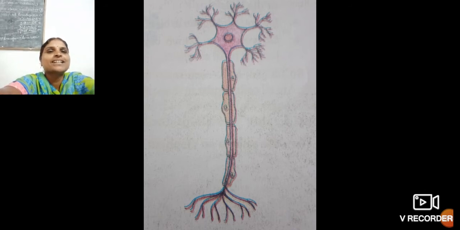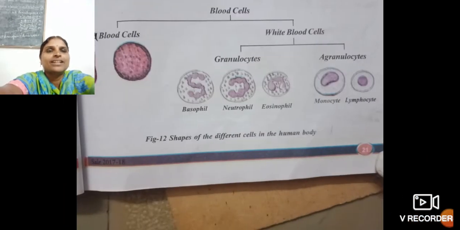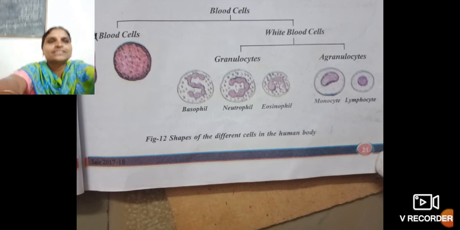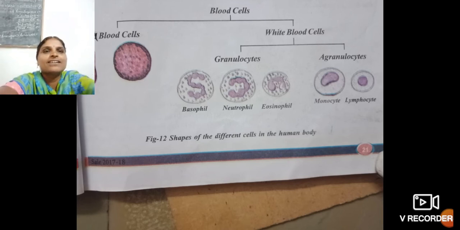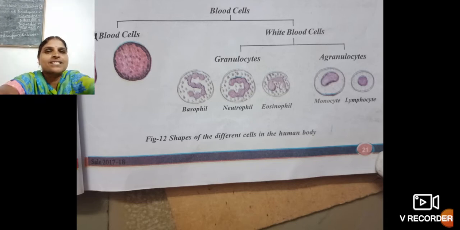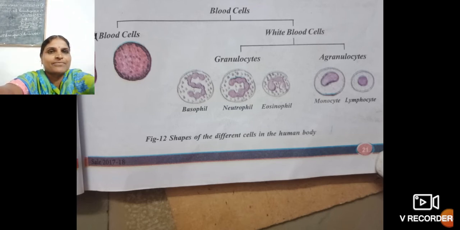Yes, this is a nerve cell. Next, what is this? Yes, blood cells. Here the blood cells are divided into two groups. One is red blood cells, the second is white blood cells.